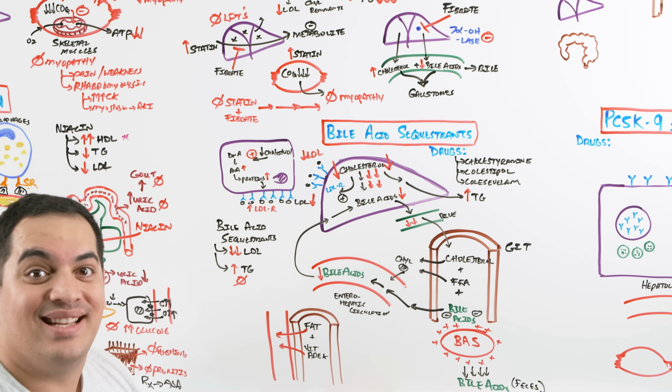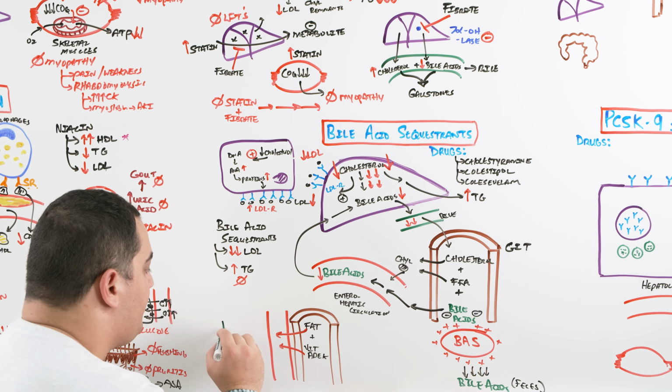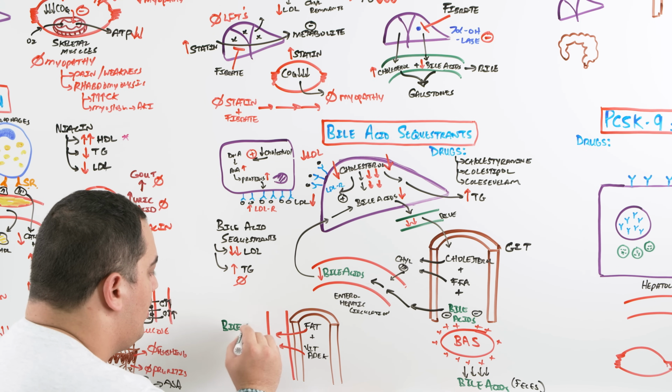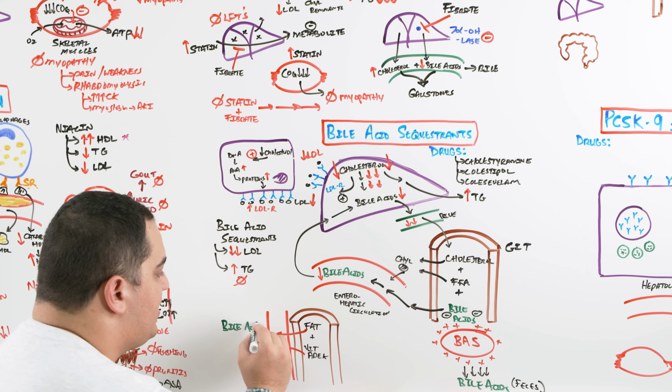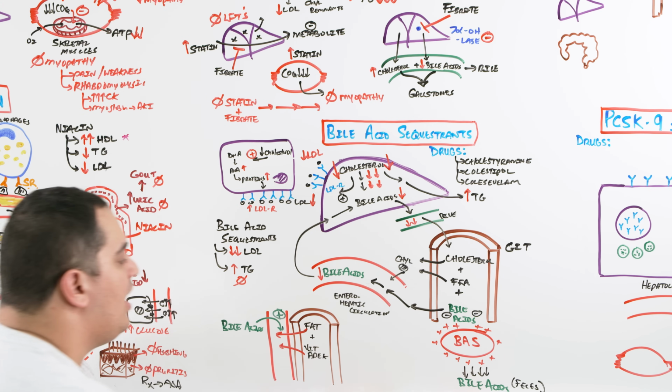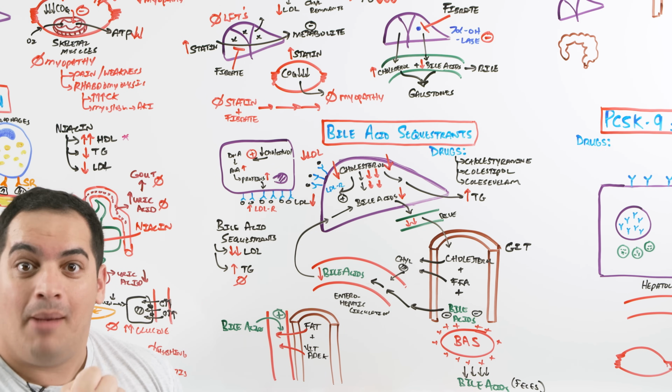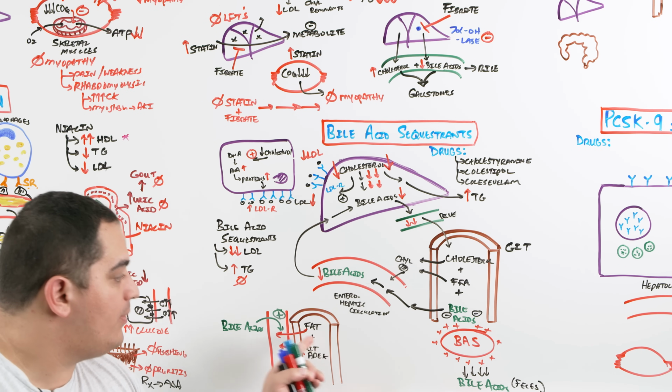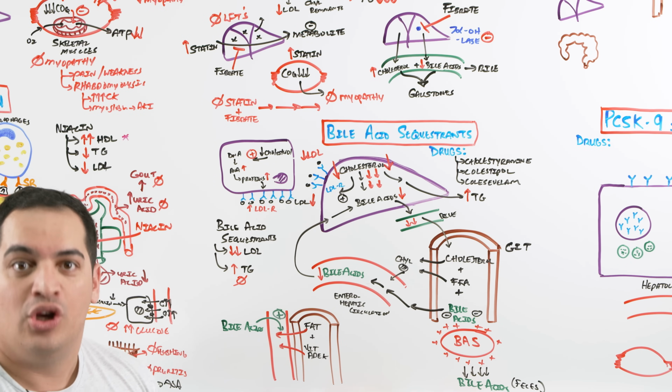I need bile acids. So bile acids are extremely important to facilitate this process. If I bind them up and poop them out, am I going to be able to absorb fat and fat-soluble vitamins?